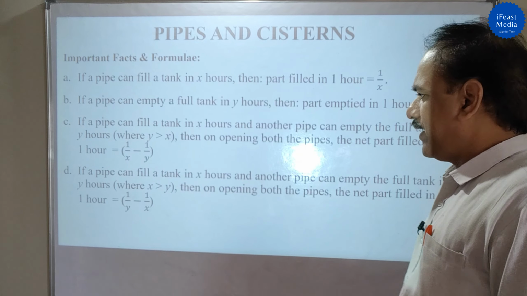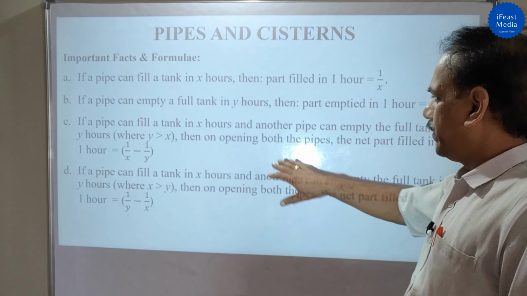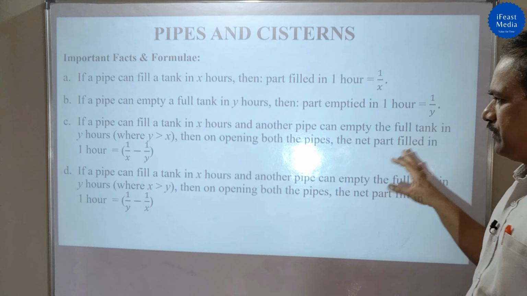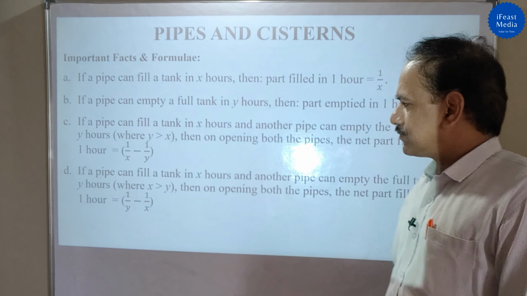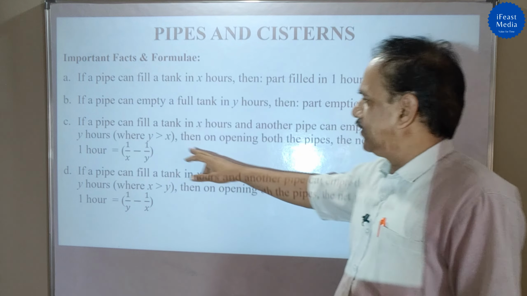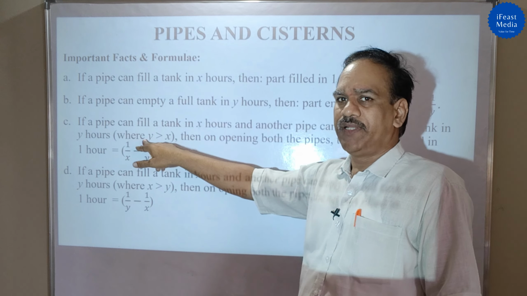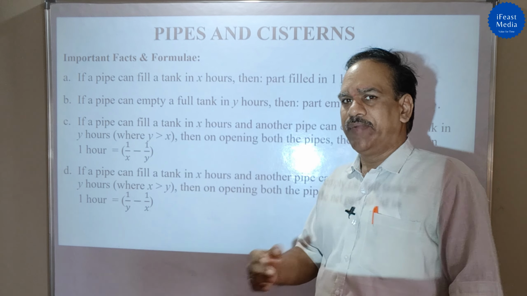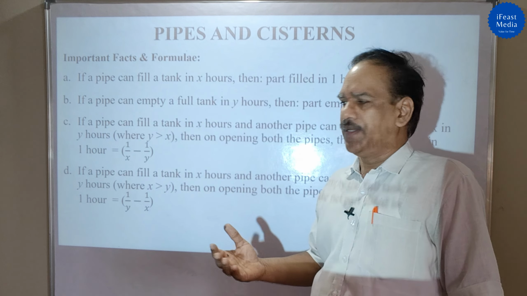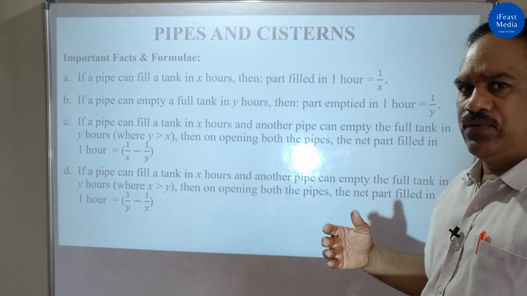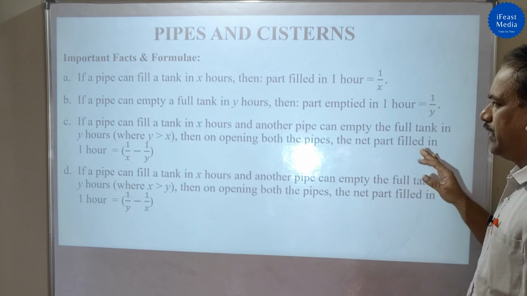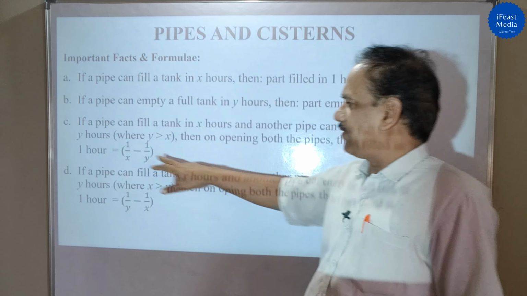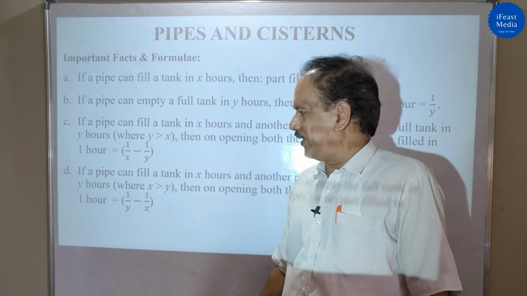So finally, when you open both the pipes, after some time definitely the tank is going to fill, because it takes less time to fill the tank and more time to empty it. So when both the pipes are opened simultaneously, definitely the tank is going to be full after some time. So the part filled in 1 hour is 1 by X minus 1 by Y.